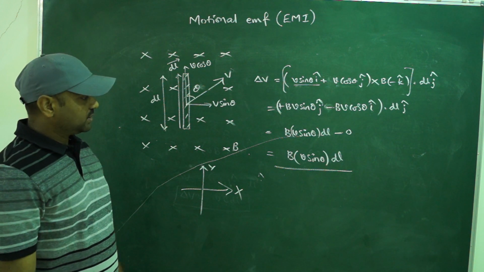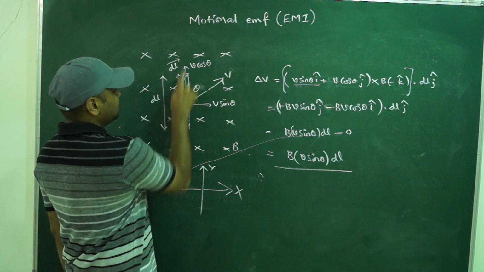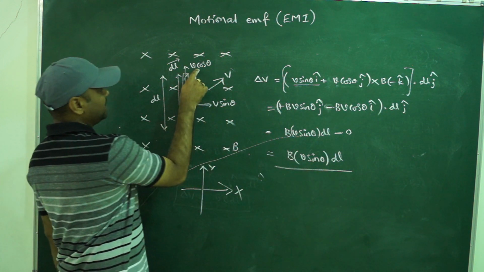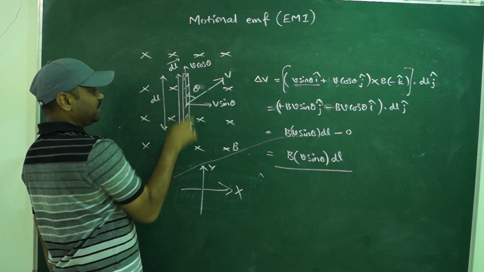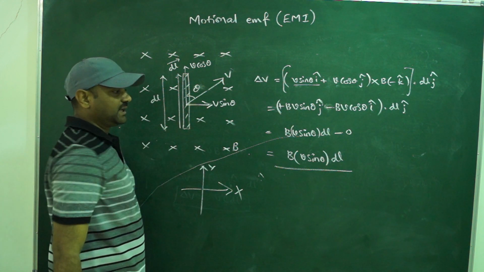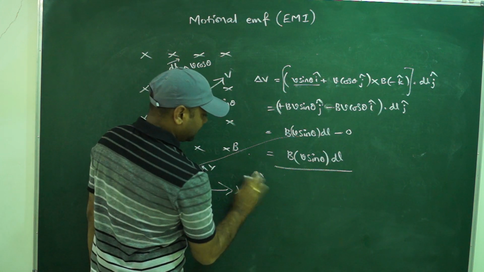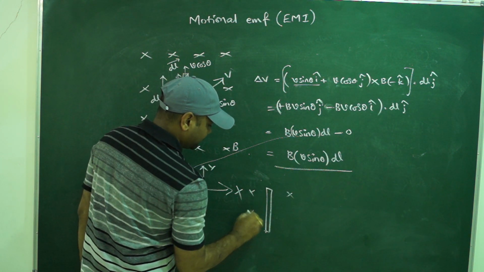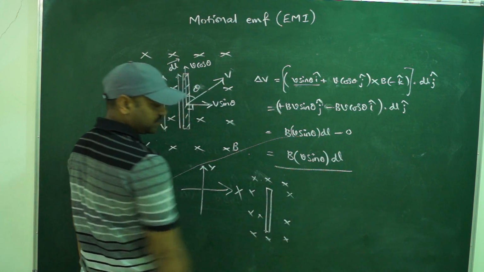That means what I am writing is BV sin theta into dl ultimately. So if you see the result, you can understand one thing: V cos theta is not there in the final result. That means V cos theta is not developing any potential difference across the rod. Only V sin theta is developing. So suppose a rod is moving in the magnetic field, and rod and magnetic field are perpendicular to each other.